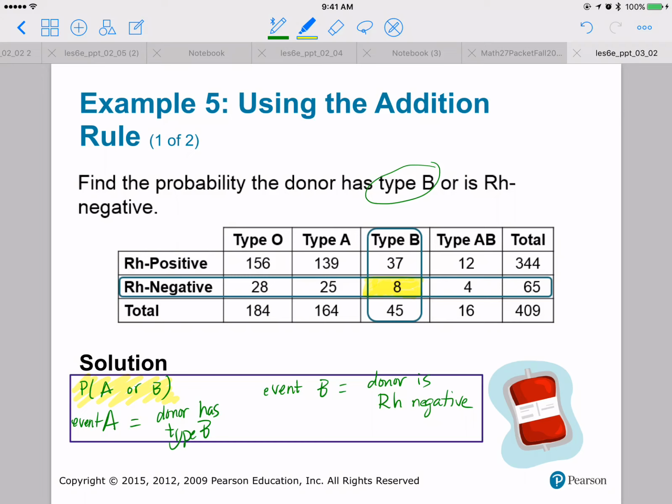And so we will need to use this formula: the probability of A or B is equal to the probability of A plus the probability of B minus the probability of A and B.